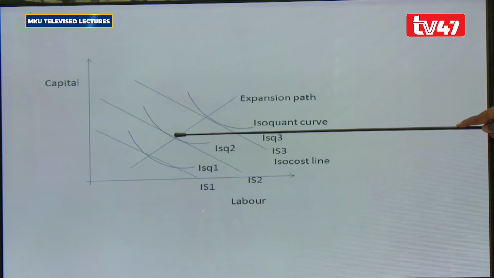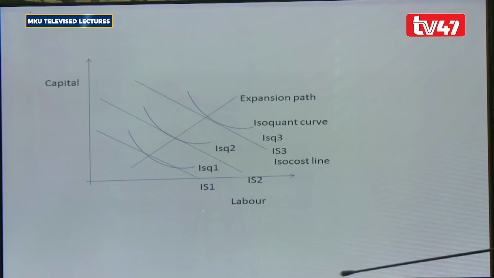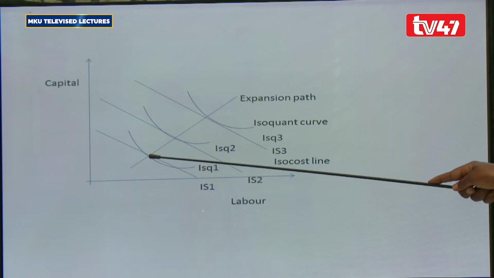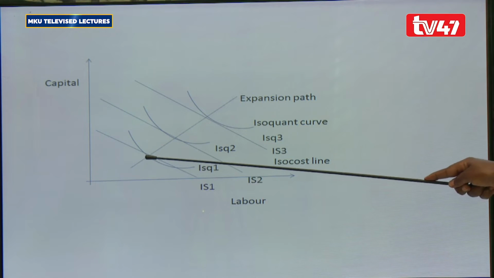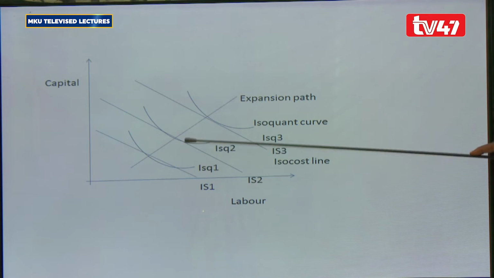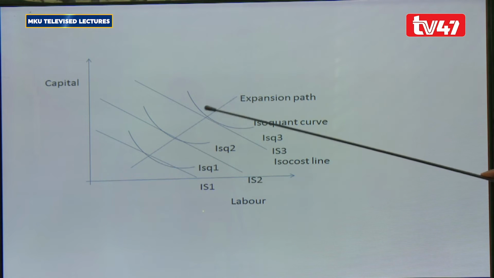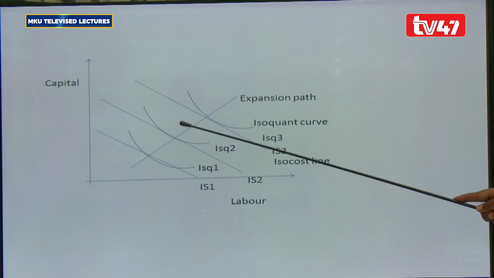The same applies to this part and the same with isoquant and isocost 3. If he operates at A, B, C, meaning he's able to expand his output, he moves from isoquant 1 and isocost 1 to 2 and to 3. We refer to this as the expansion path. It is the path through which the producer grows.